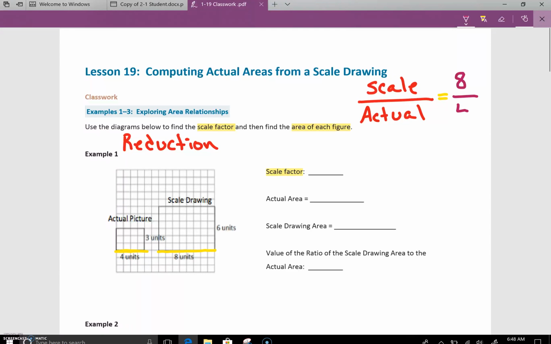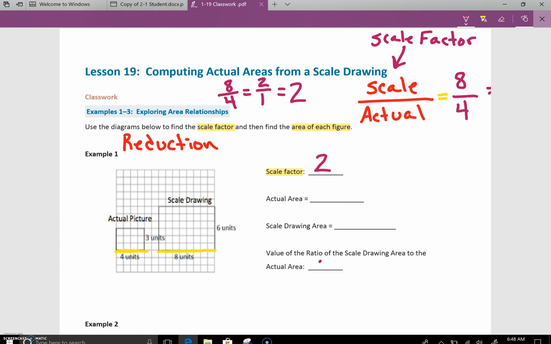So we have scale over actual, 8 over 4. 8 over 4 simplifies to be 2. Both are divisible by 4. So you would get 2 over 1 or 2. So this is how you find scale factor. Since it simplified down to 2, our scale factor is 2.